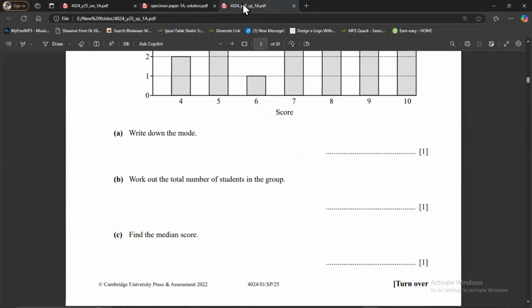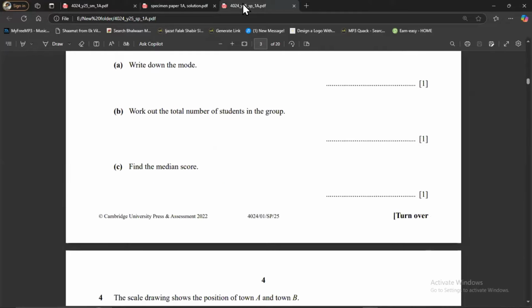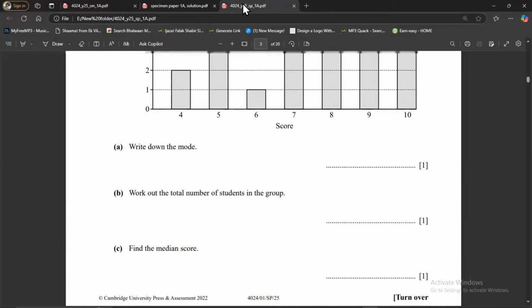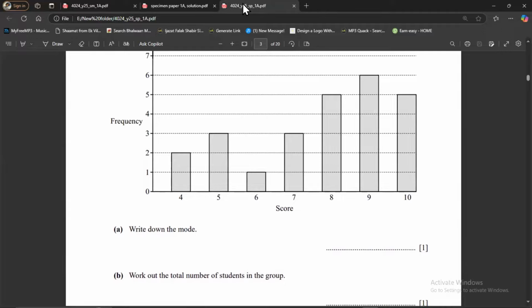Okay, then the next question, the C part: find the median score. For that purpose, I need the cumulative frequency. The first frequency will remain as it is. 2 plus 3 will be 5, 5 plus 1 will be 6, 6 plus 3 will be 9, 9 plus 5 will be 14, 14 plus 6 will be 20, and 20 plus 5 will be 25.